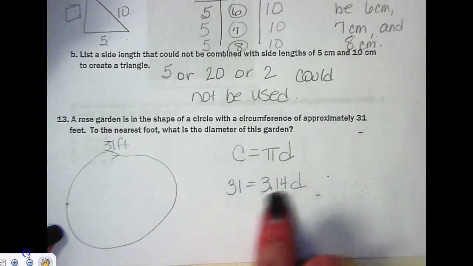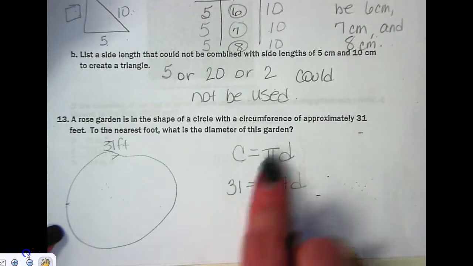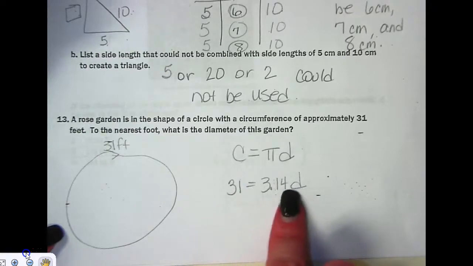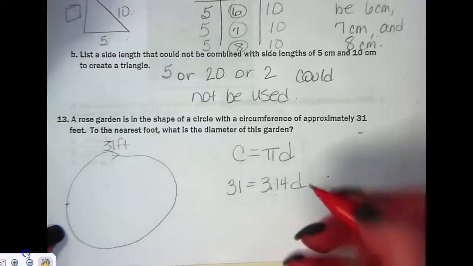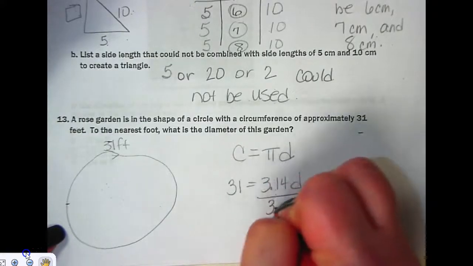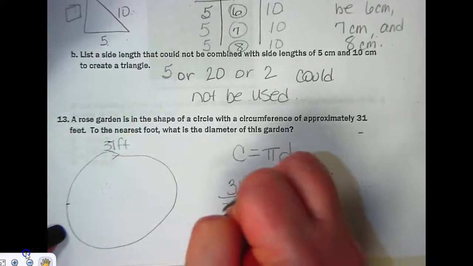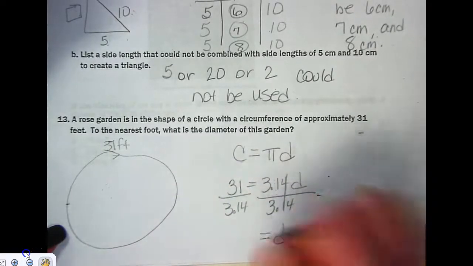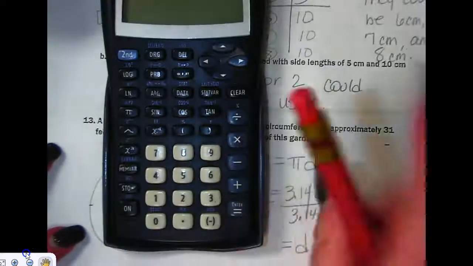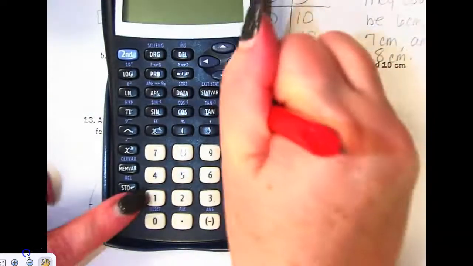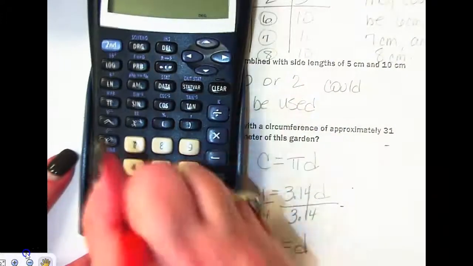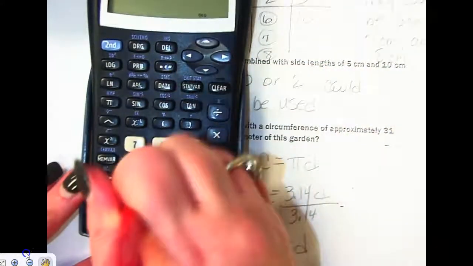Everybody see how I got this? Because they gave us the circumference and we know pi, so what's missing is the diameter. So now divide by 3.14, divide by 3.14, and you find out that the diameter equals 31 divided by 3.14.